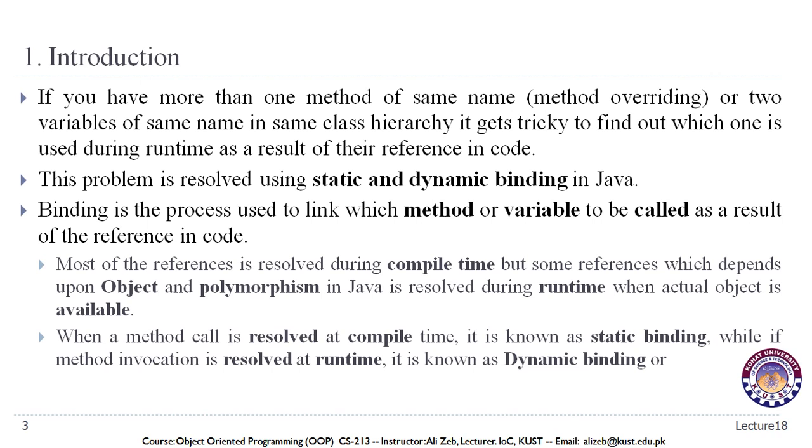While if the method invocation is resolved at runtime, that is known as dynamic binding or late binding. In dynamic binding, we do not know until we run the program which method is going to be called or executed.